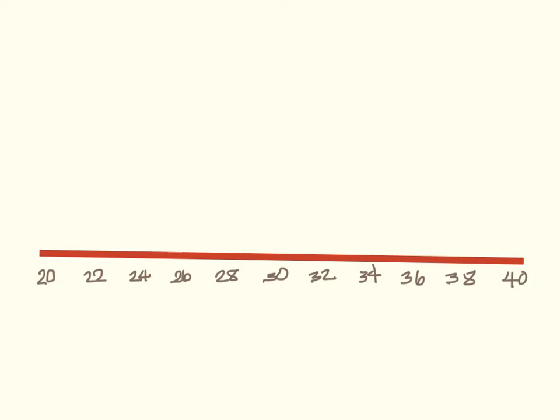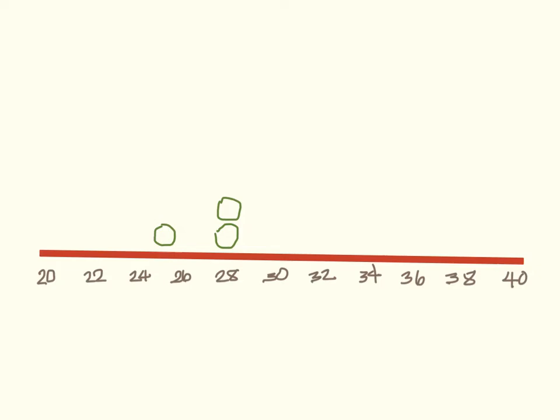So as you see, if you're following along in your book, the first number it gives you is 25. So instead of a dot, I'm going to draw a circle where the 25 would go. Then a 28, and another 28.